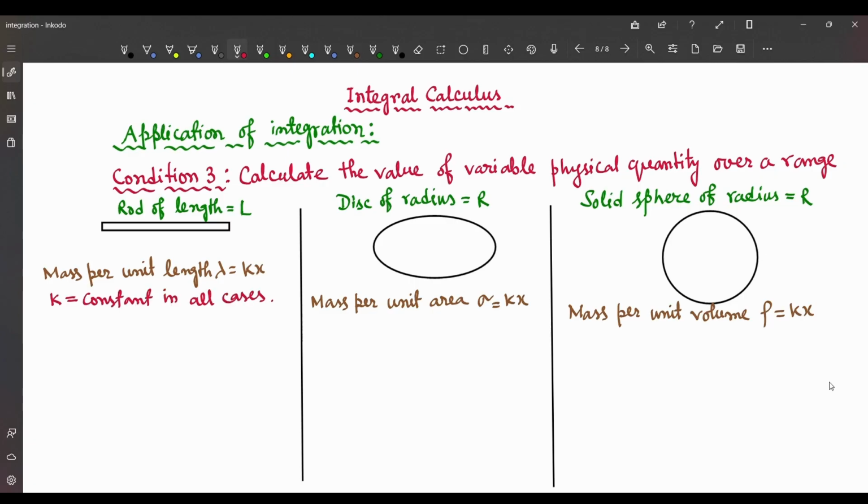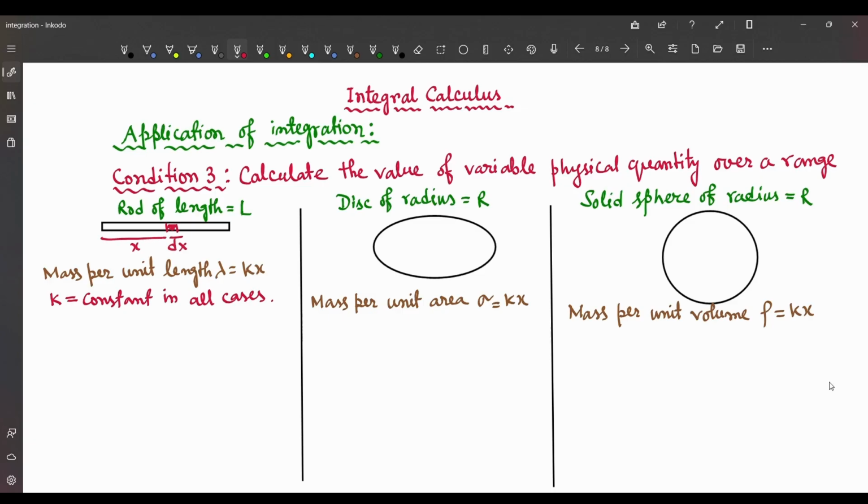To calculate the mass of the body, at first we have to consider an elementary part of it. Then we have to calculate the mass of that elementary part. Then integrate that mass and we will get the overall mass of that body. So for the rod, we are considering an elementary part at a distance x with thickness dx.